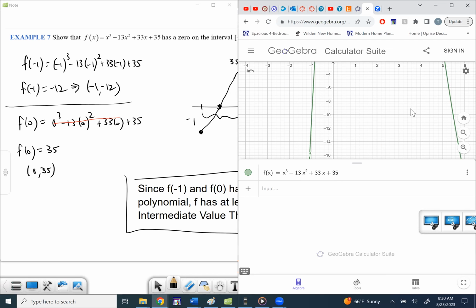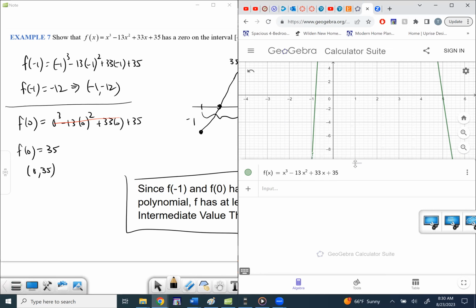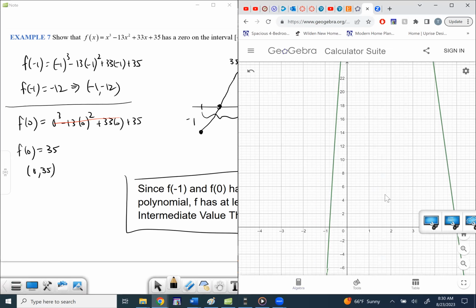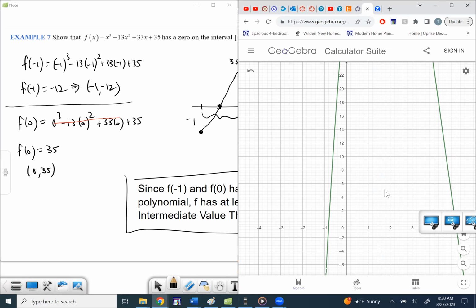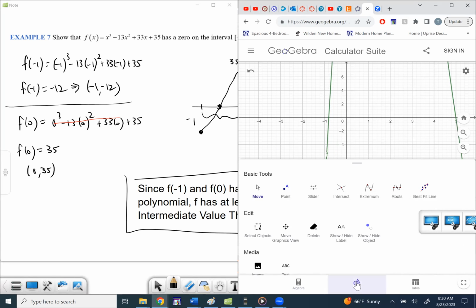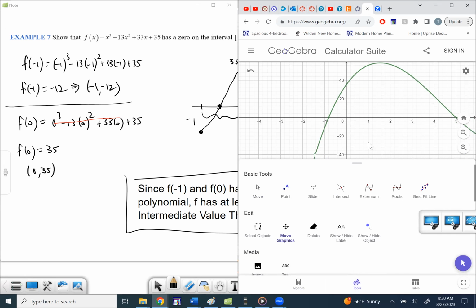All right, now we said that it's going to have at least one zero on the interval of negative 1 to 0. Wow, that is so perfect. Look, here's the interval of negative 1 to 0. There's our one zero. Before I take a picture and bring it over to our notes, let me shrink the y-axis down a little bit.